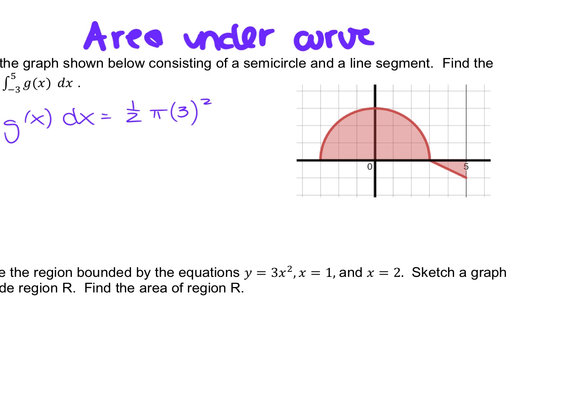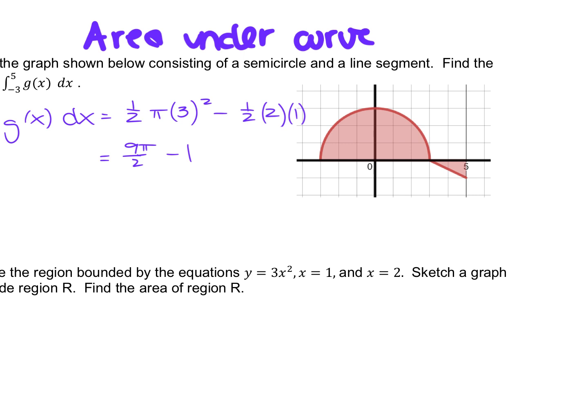Okay, 1/2 base times height, so that's going to be 1/2 times base of 2 times height of 1, except it's going to be what? Negative. So my final area for this would be 9 pi over 2 minus 1. I'd leave it here, but you could have left it at the previous one. Yes.